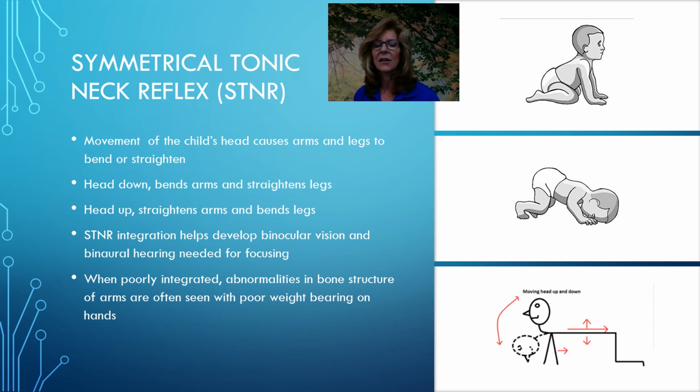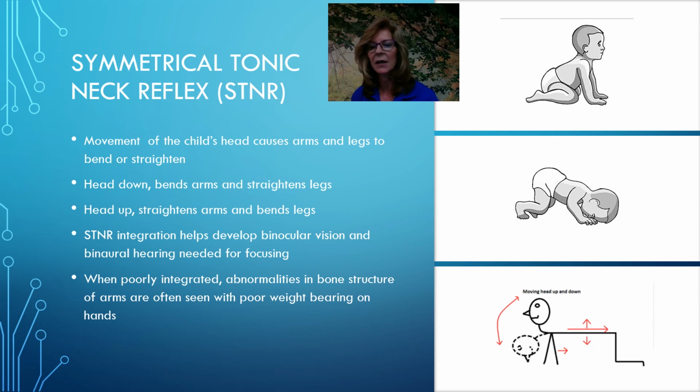When this is poorly integrated, we see abnormalities in bone structure, very often in the arms, and we see poor weight bearing on the hands. But even more importantly, these children will have difficulty integrating information from both eyes and both ears simultaneously.